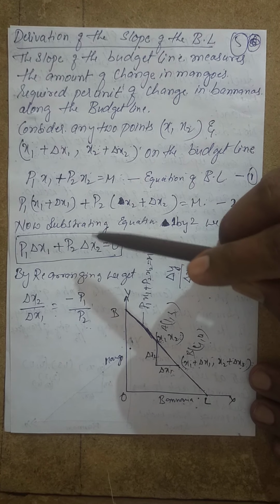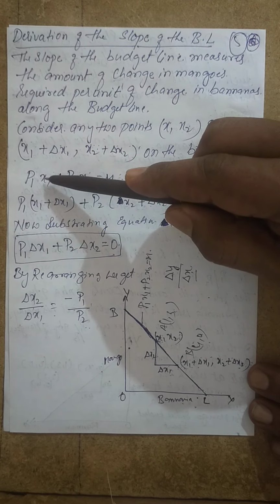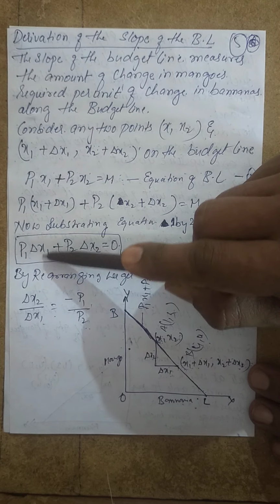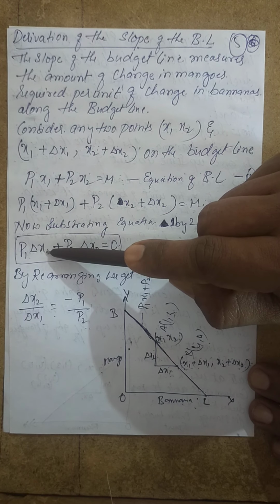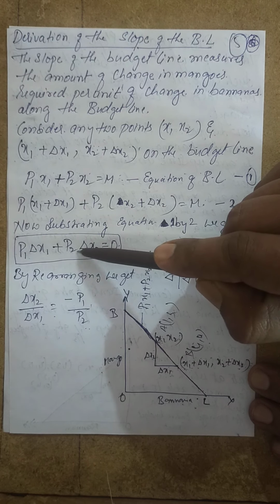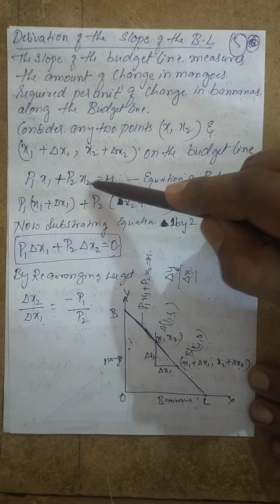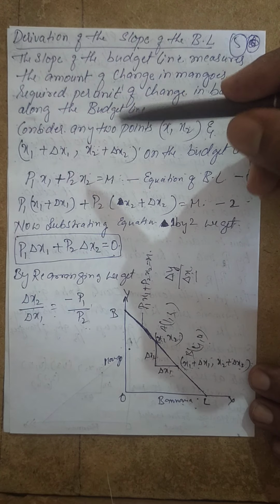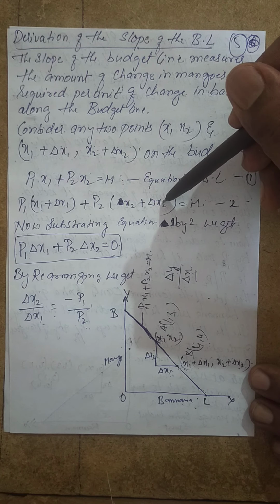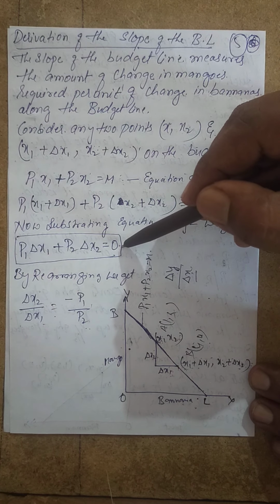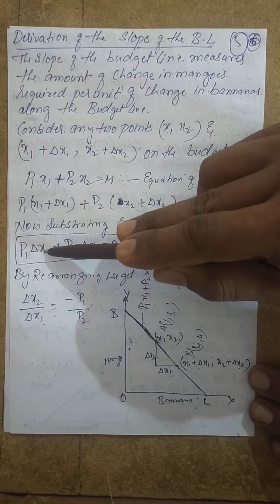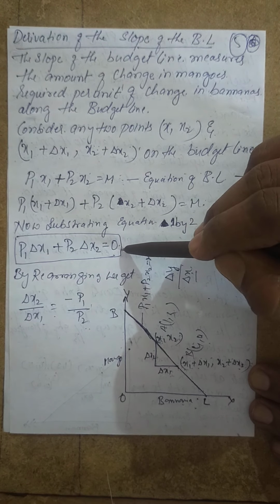So in that case, x1 and x1 get cancelled, okay. So what is the remaining? Delta x1, okay, plus P2. If you take x2 and x2, they get cancelled, okay, what is the remaining? You are going to get delta x2. So that means P1 delta x1 plus P2 delta x2 is equal to 0.